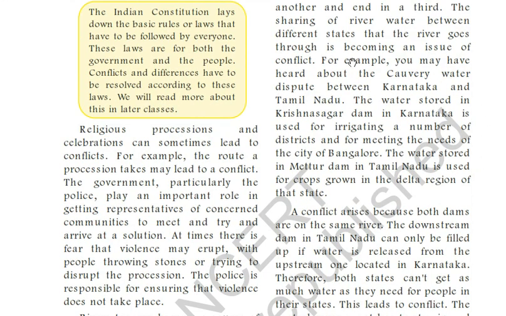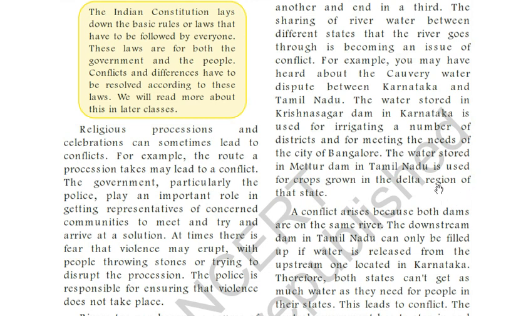For example, you may have heard about the Kaveri water dispute between Karnataka and Tamil Nadu. The water stored in Krishnasagar Dam in Karnataka is used for irrigating a number of districts and for meeting the needs of the city of Bangalore. The water stored in Mettur Dam in Tamil Nadu is used for crops grown in the delta region of that state.